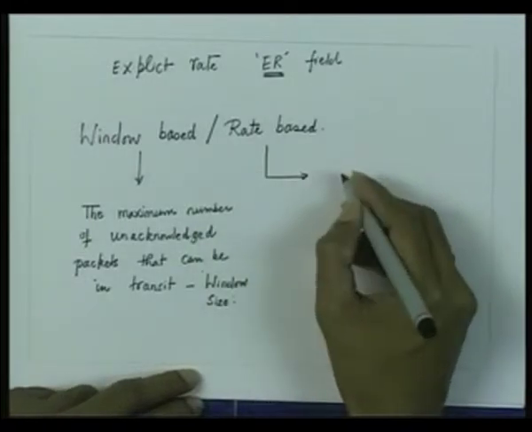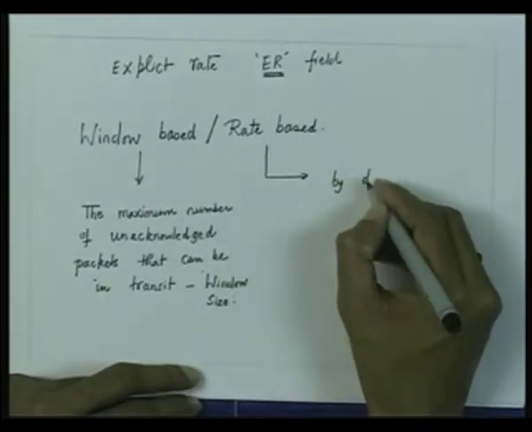By limiting this maximum window size, that is, by limiting the number of unacknowledged packets that can be in transit, a window based congestion control mechanism can control the congestion. In the rate based congestion control mechanisms, you are directly controlling the source rate.